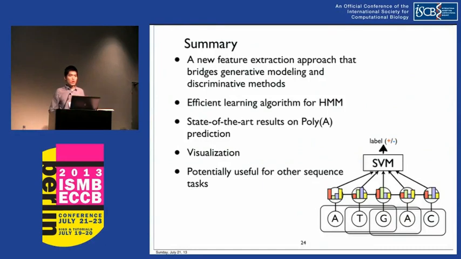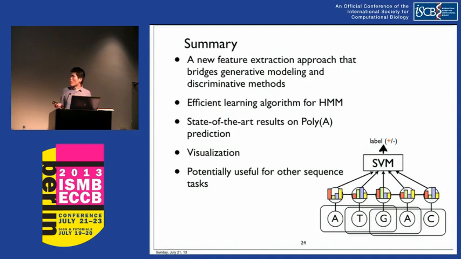And in summary, we have proposed a new algorithm to automatically extract features from training data, and that bridges the generative modeling and discriminative methods. We have also proposed a novel and efficient learning algorithm for the HMM, and it achieves state-of-the-art results on PolyA prediction tasks.